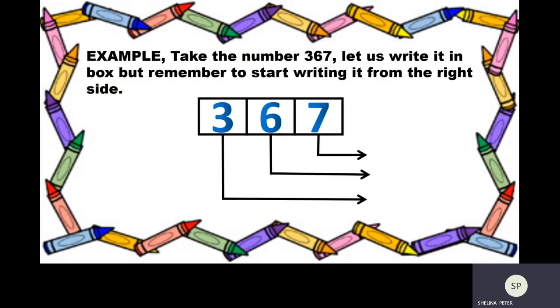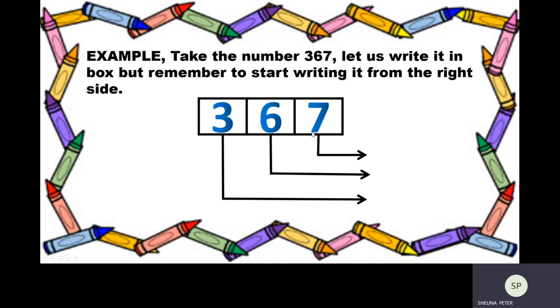Now let us take the next example. The number 367. It is a 3-digit number. Why? Because here 3 boxes are used to write the number 367. So let us see what is the place value of each digit in the number 367.